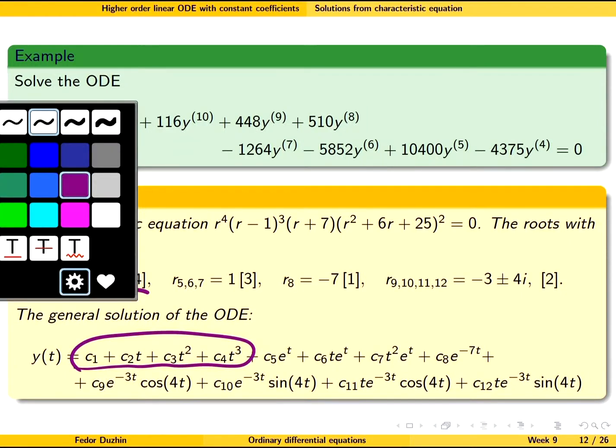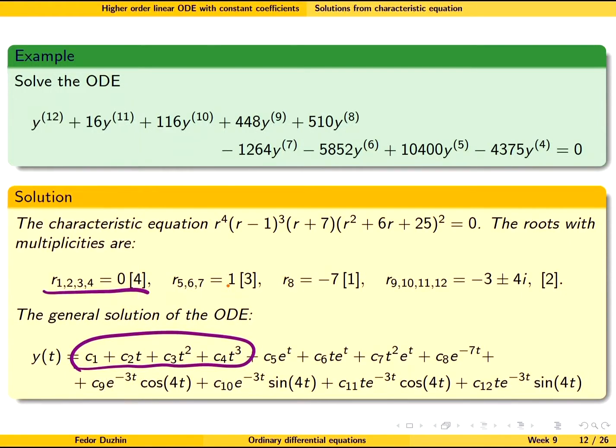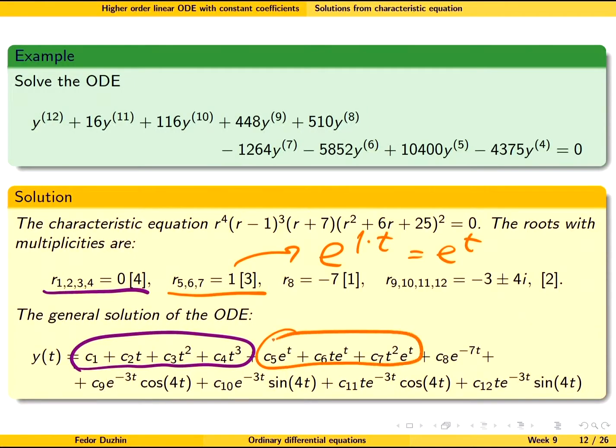Then we have root 1 of multiplicity 3. Since it is 1, we are going to have e to the power 1 times t, which is just e to the t. And since we have multiplicity 3, we have e to the t, then t times e to the t, and t squared times e to the t, and that's all because there are 3 of them.